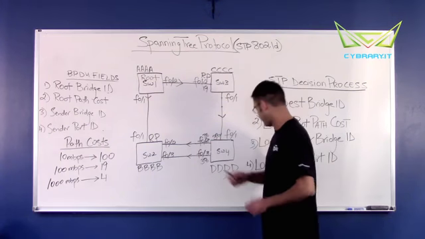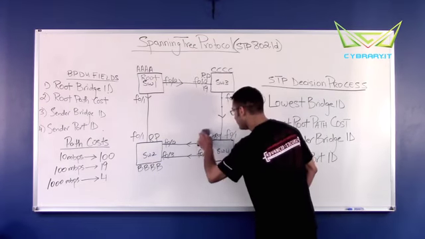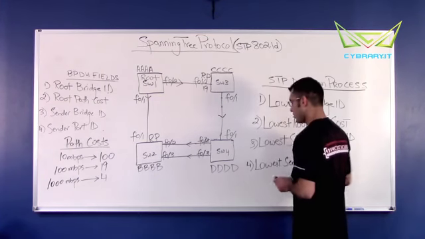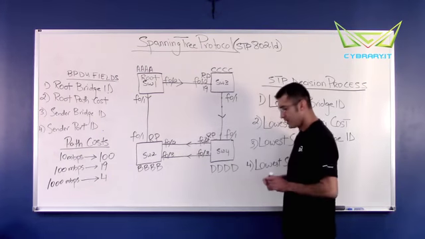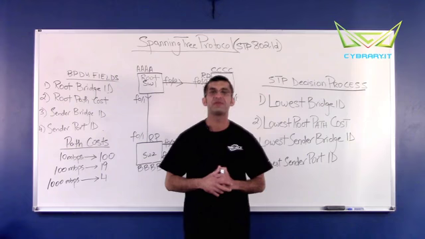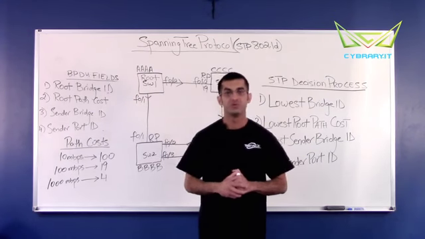Since 2 is lower than 3, F0/2 on switch 4 becomes your root port. So at this point, we have concluded the second step in the spanning tree convergence process, which was elect a root port per non-root switch.